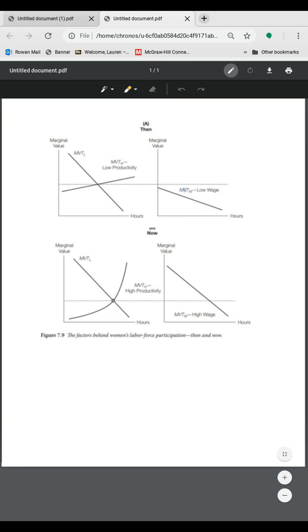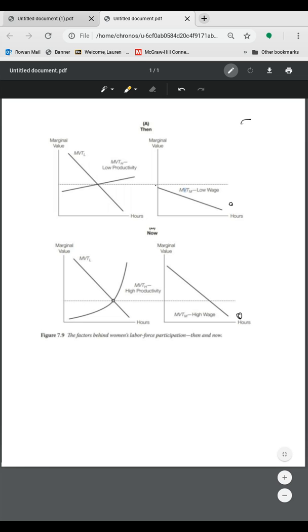But obviously, the marginal value of time for the labor market, they're different, right? So we have a lower one here. It starts at a lower height, and then a higher one here. It's at a higher height. And your book kind of gives it away. This has low wage or high wage.